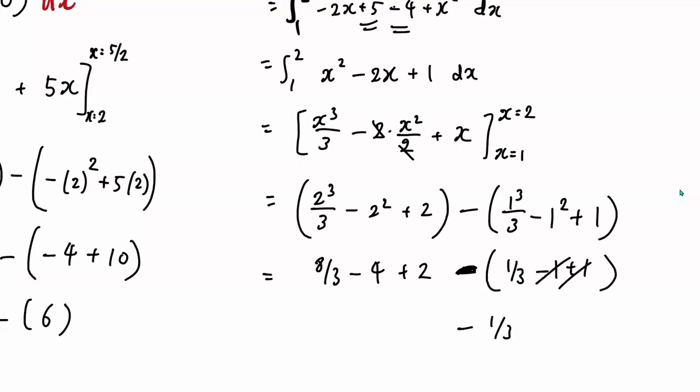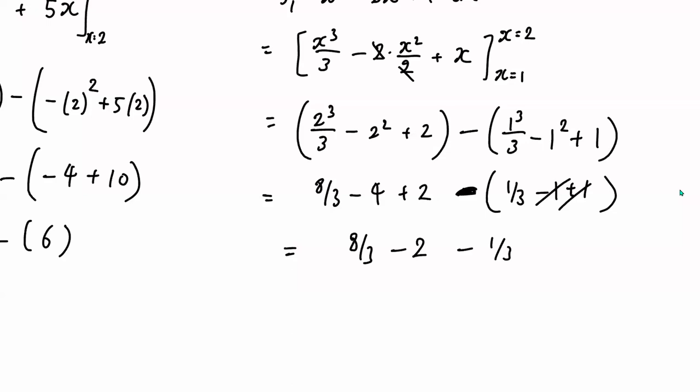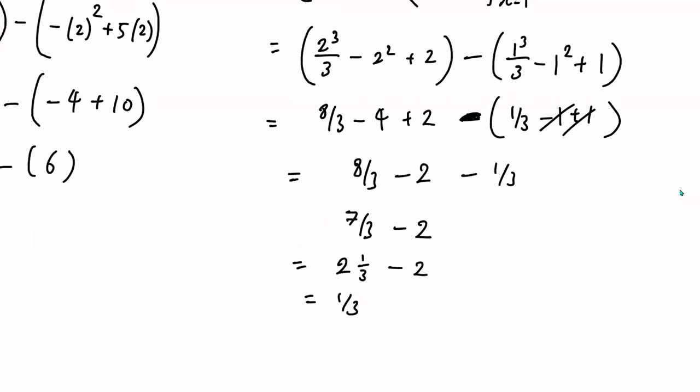This is just minus 1/3. Minus 4 plus 2, that's minus 2, 8/3. So 8 minus 1 becomes 7/3 minus 2. So 7/3 is 3, 3, 1. So it's 2 wholes and 1/3 minus 2. That leaves me with 1/3. Right? Okay.